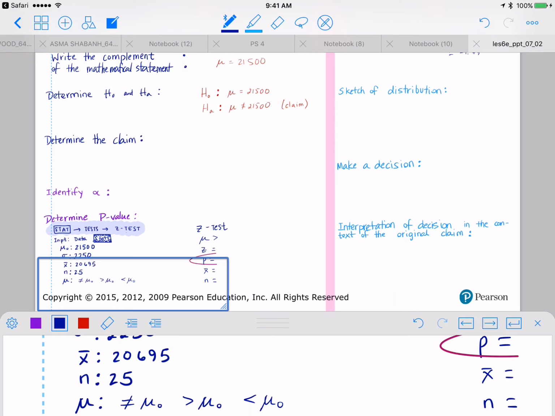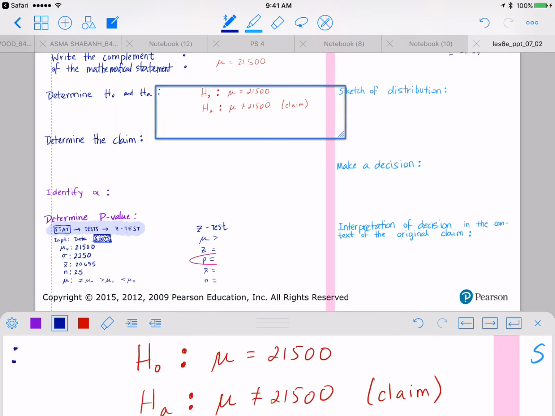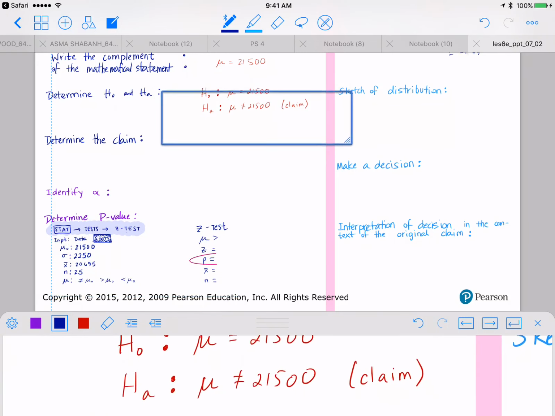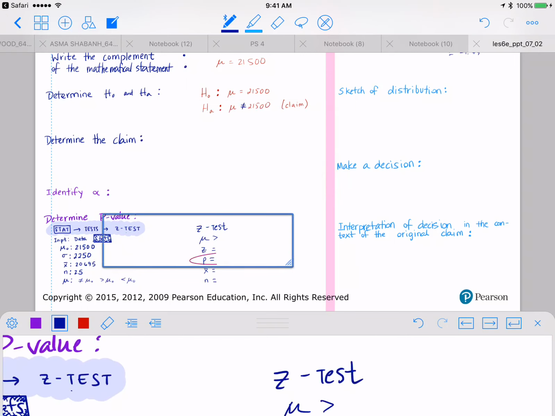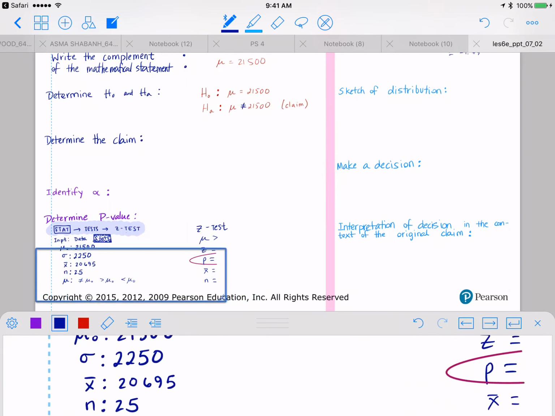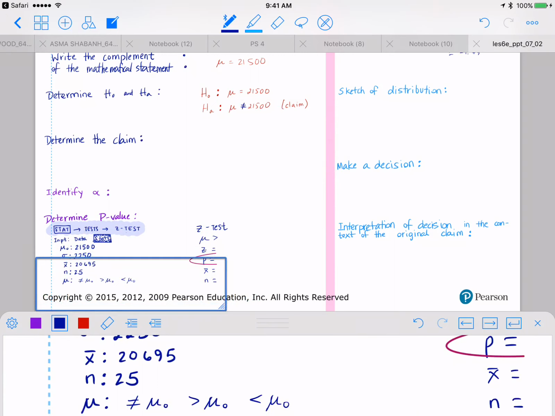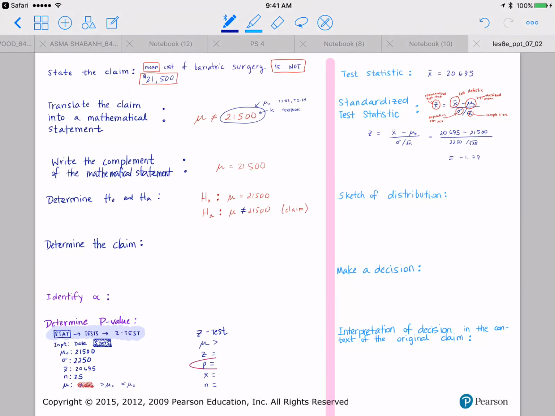Are you performing left-tailed, right-tailed, or two-tailed? We figured that out by looking at the alternative hypothesis. Since the alternative hypothesis has a not equal to sign, we're going to be doing a two-tailed test. Here you should highlight this one right here. So make sure this one is highlighted. And then I think at the very end it says to calculate or draw.